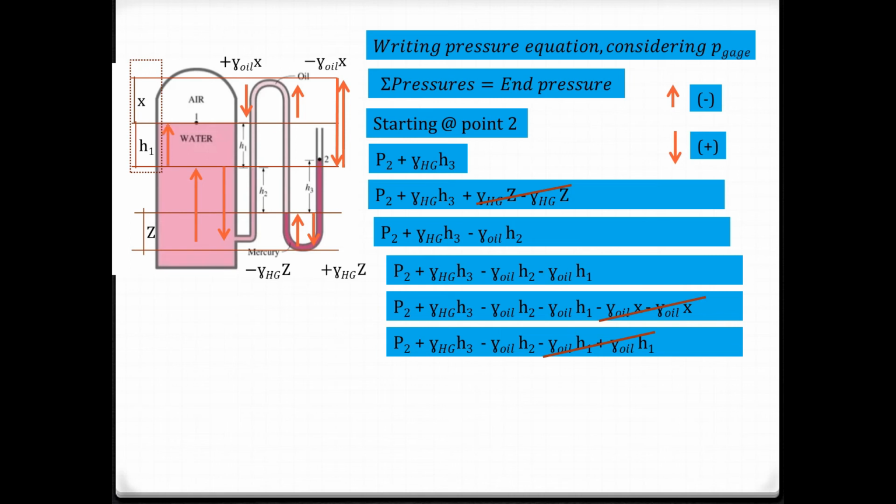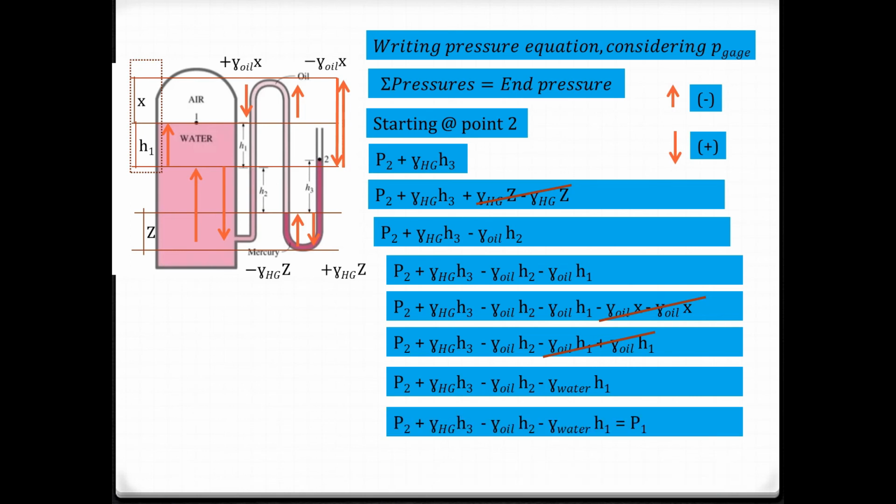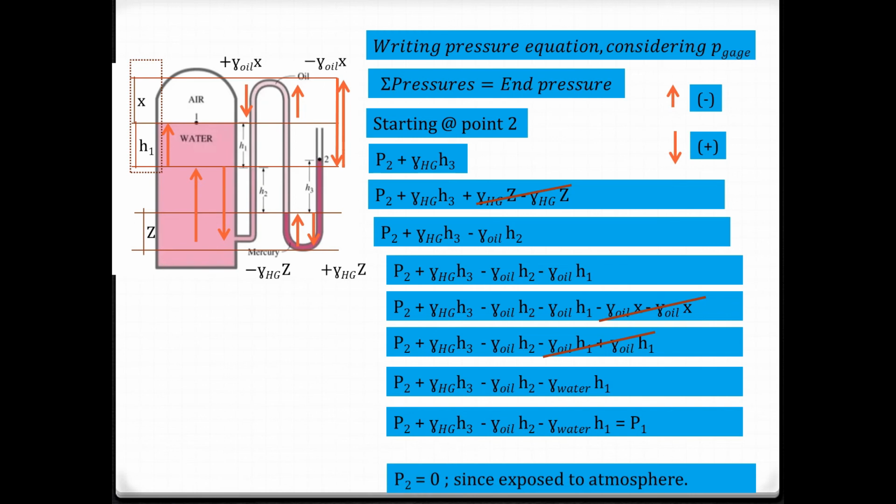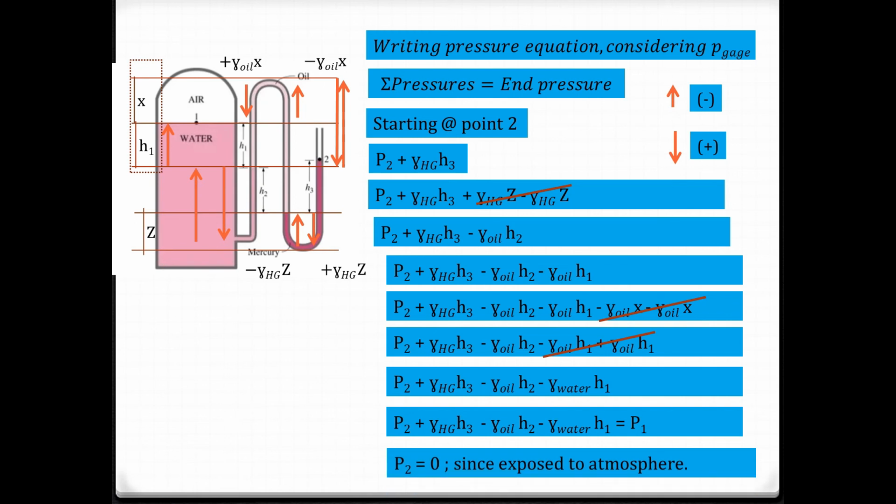Lastly, we'll consider an upward pressure direction with water and H1 as its corresponding head. Hence, we are going to have negative gamma water times H1, and then the end pressure finally is equal to P1. Again, we will find that P2 is equal to 0 since it is exposed to atmosphere.